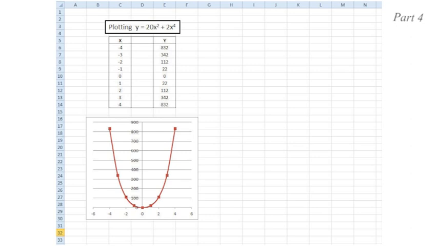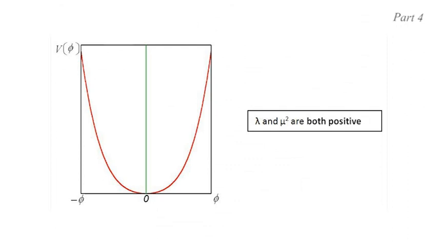This means that the plot for the potential V against phi then looks like this for mu squared and lambda both positive. We seem to have a simple quadratic looking function for V against phi. It doesn't seem to matter that there's a term to the fourth power. It still looks parabolic. It's still a kind of cup shape for both multipliers, mu squared and lambda positive.